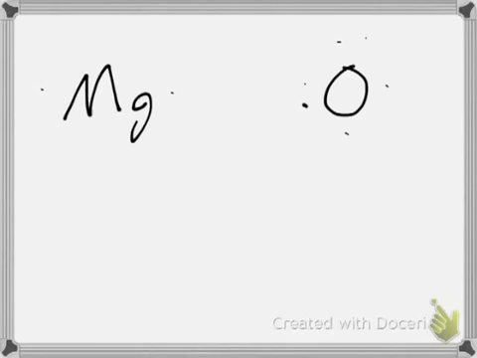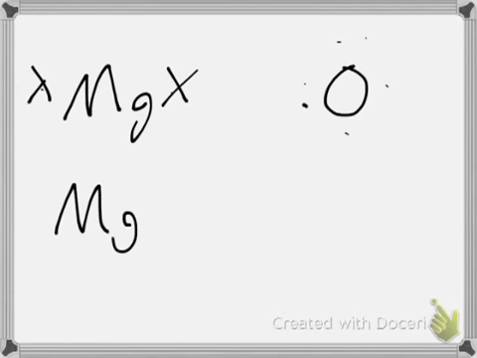The easiest way is for it to lose its 2 valence electrons. So it would lose these 2 electrons and become a magnesium cation with a +2 charge. Now the reason it has a +2 charge is because it lost both of its valence electrons.